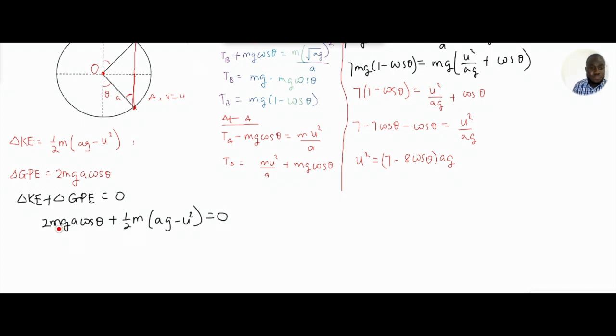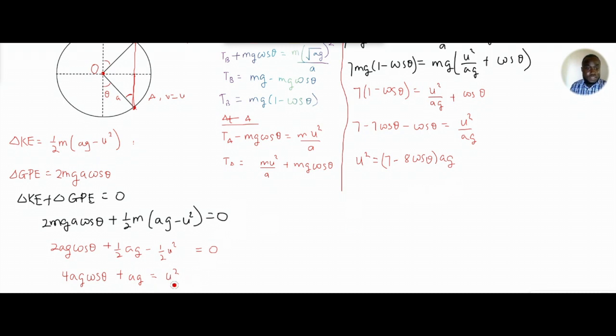At this point the m here and this m here will go away. Now this is another equation involving u squared and everything else.